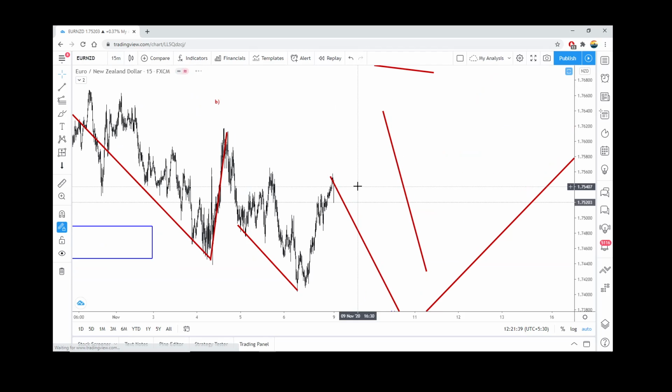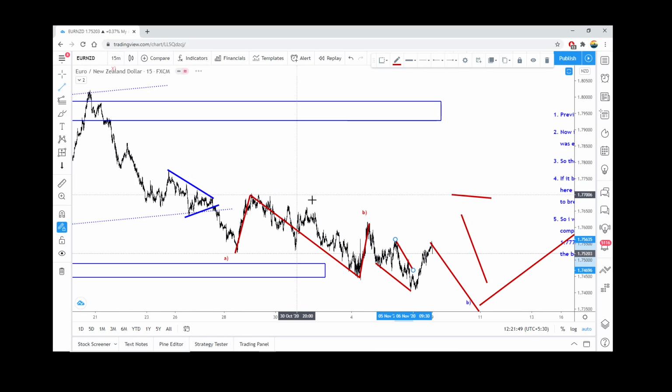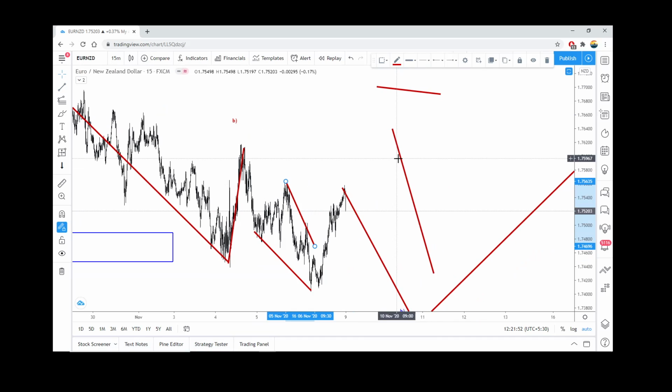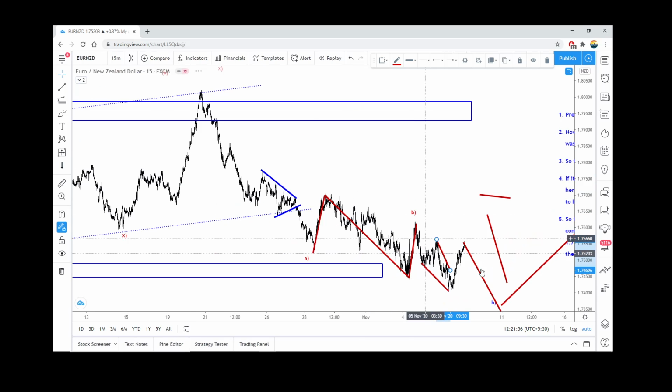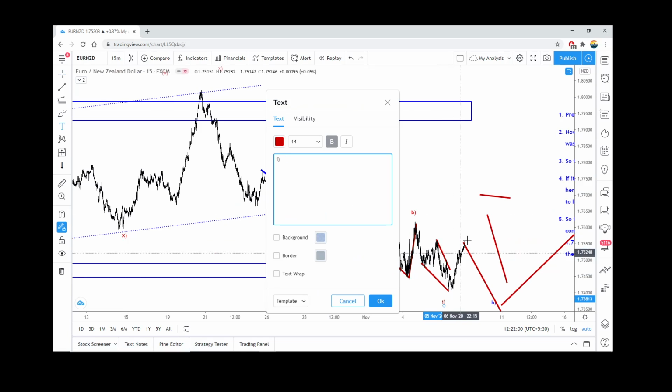So mind that 1, 2, 3, 4, 5 could be the end of the C wave, and what we are trying to see is A, B, C is over. I will show it here, and if you misunderstand, then you will be on the wrong side of the market.